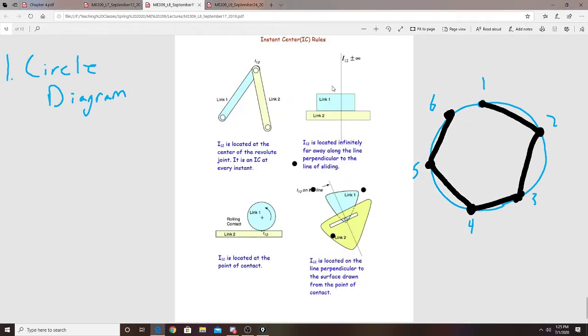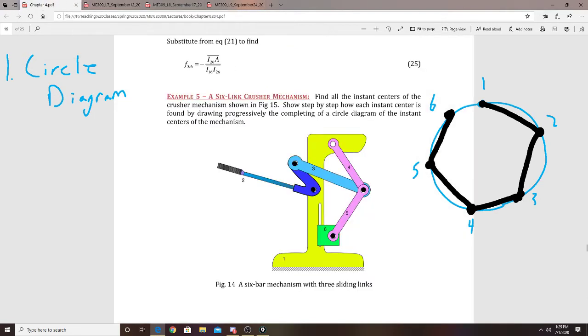So right here is a slider, right? Which means we have I61 at plus or minus infinity inside of the sliding translation. So using that thought, we would then write I61 as a line straight across here at plus or minus infinity.